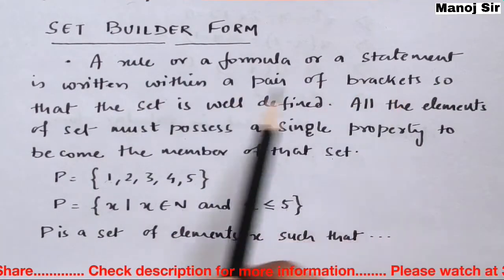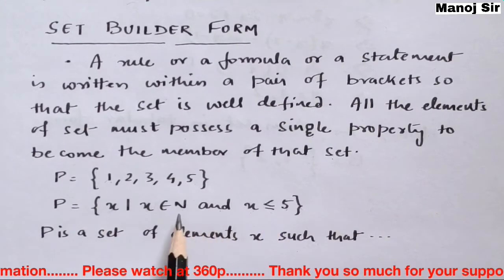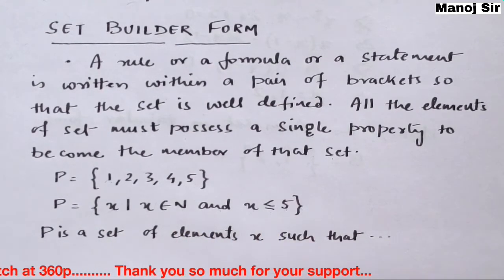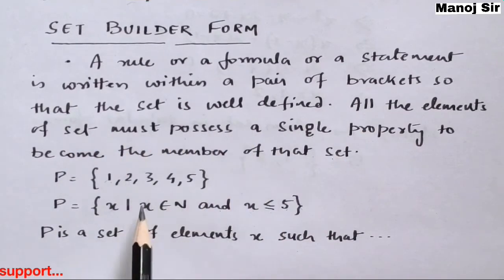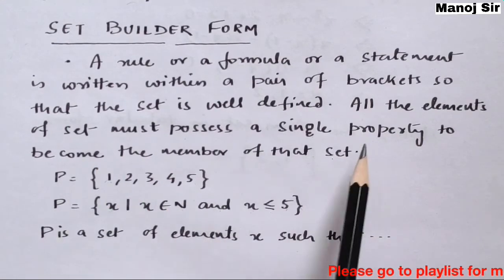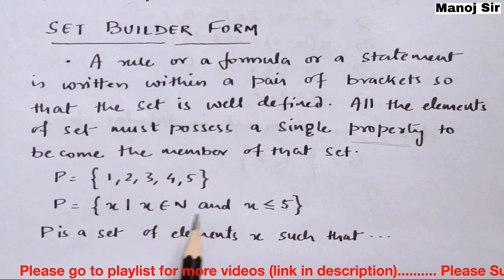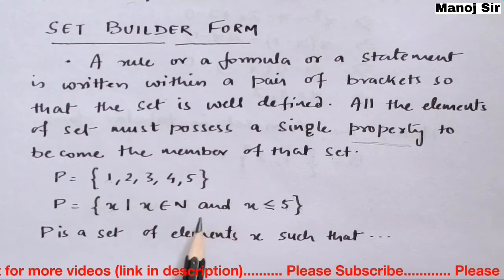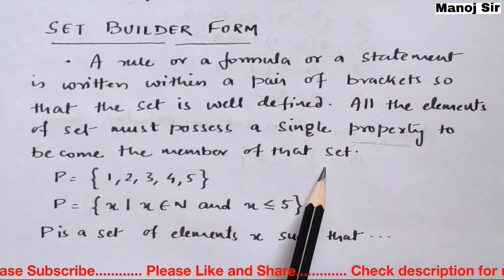All the elements of the set must possess a single property to become a member of that set. Within this pair of brackets, we can write a rule, a formula or a statement, so that the set will be well defined.